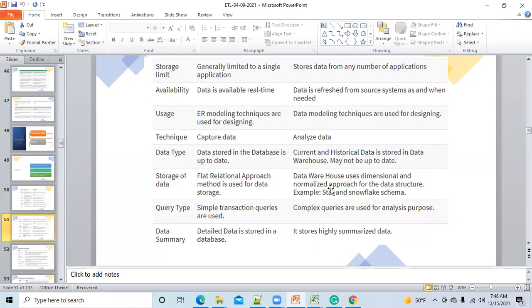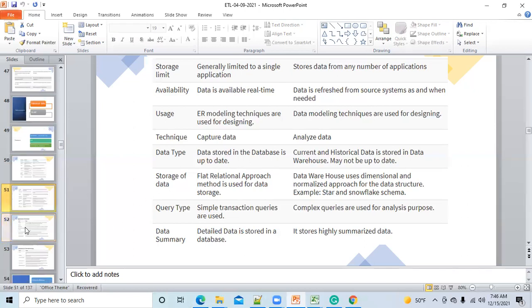I think this is a confusing point, I will come to the star snowflake schema later. Data warehouse doesn't go for a normalized approach. No, this is incorrect. It is the database that goes for a normalized approach. Good catch.